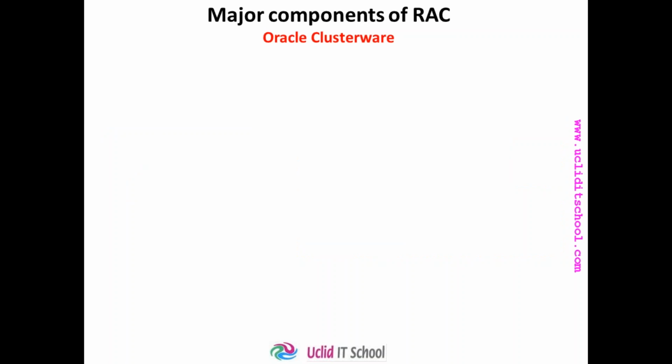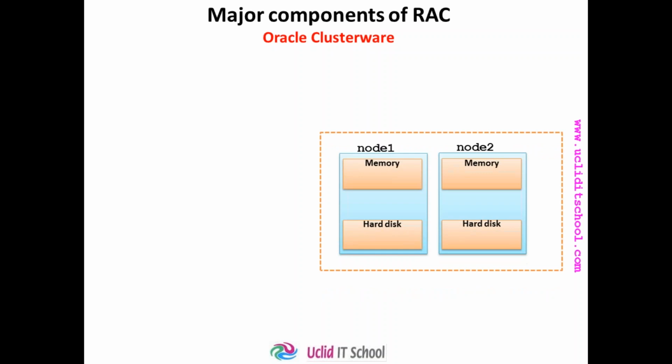Next, Oracle Clusterware. This is the software which implements the clustering, which groups the physically different servers into a logically single server. So Oracle Clusterware is the software that implements the clustering. Now, in this diagram, I have a cluster with 2 nodes.